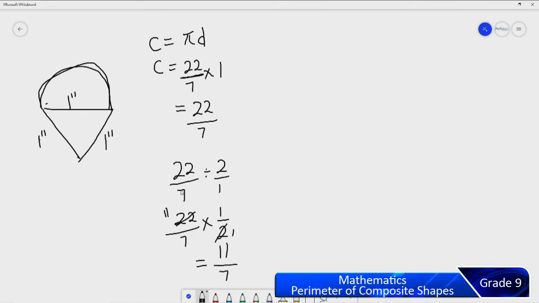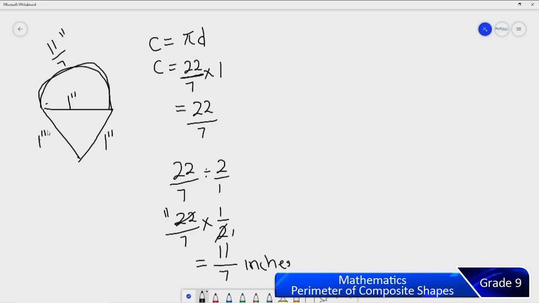So that means that the circumference of this semicircle is equal to 11 over 7 inches. So we can just put it in here, 11 over 7.